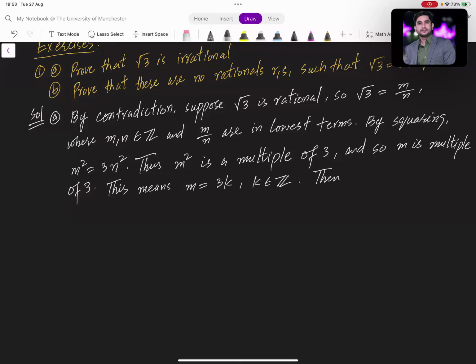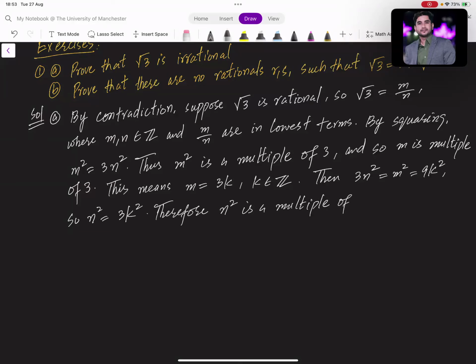Then 3n square is m square, which is 9k square. So n square is 3k square. Therefore, n square is a multiple of 3. Hence, so is n.